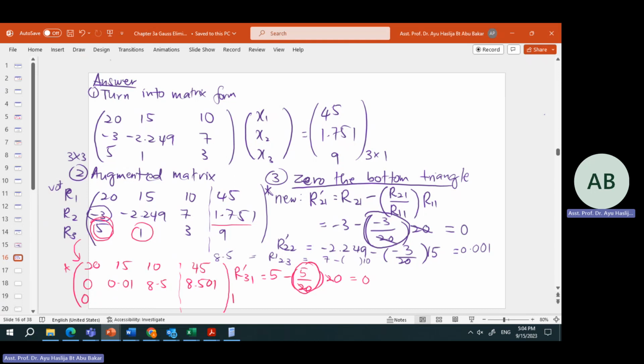Okay, so let's write R prime 3, 2. The original value, which is 1, minus the factor multiply by, which part? 15.